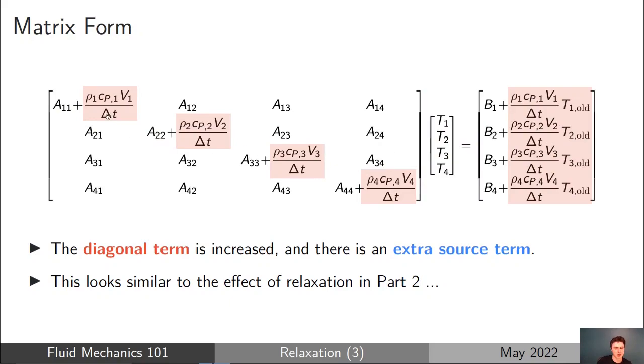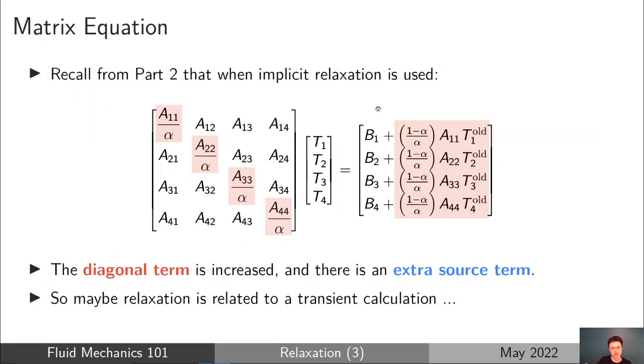And looking at this new matrix form that we've derived for the pseudo-transient approach, we can see a similar thing, that as the time step delta t gets smaller and smaller, this fraction is going to increase, which increases the diagonal dominance of the matrix. And we get a similar thing with the source term. As delta t goes to 0 and we have a smaller and smaller time step, this source term is going to increase, which is going to slow down the calculation.